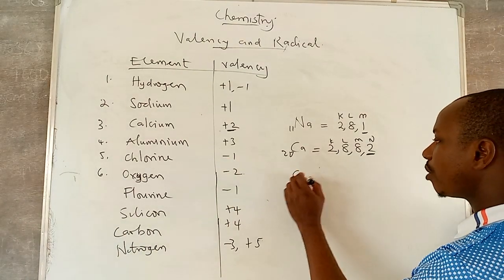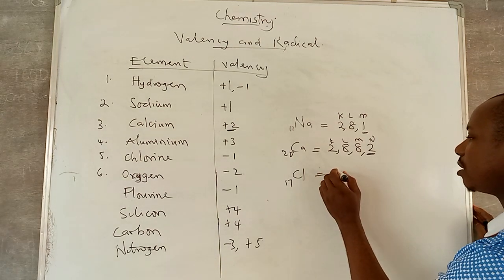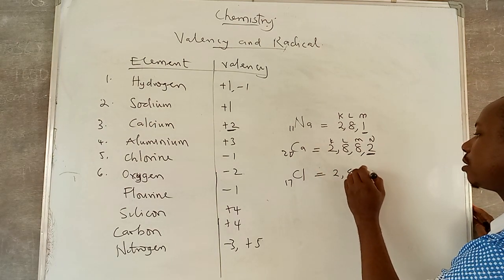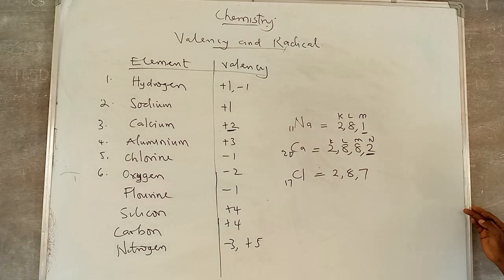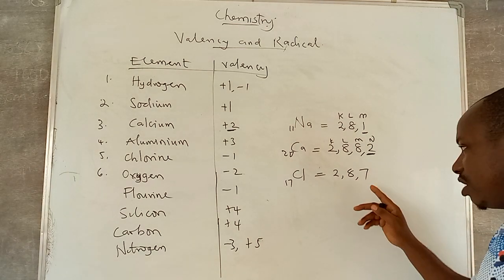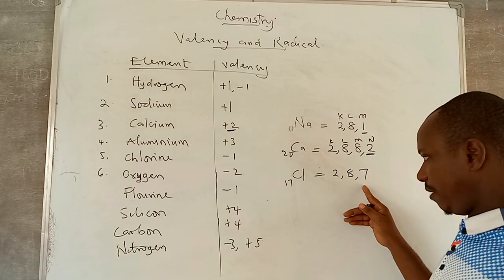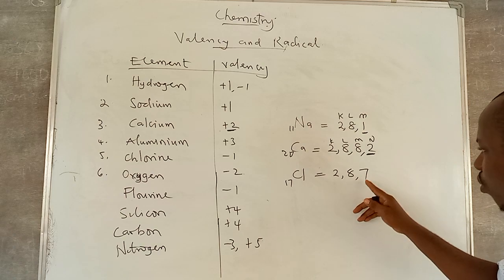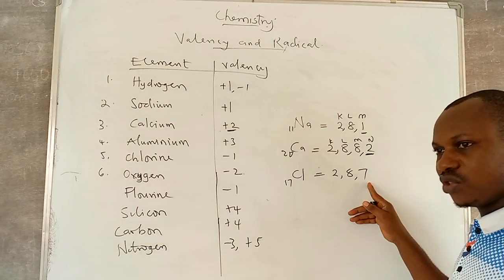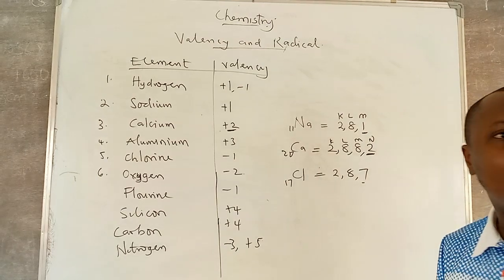Let me quickly go to chlorine. The atomic number of chlorine is 17. So the electronic configuration is 2, 8, 7. Somebody may tell me that, okay, the valency should be plus 7 because it will lose these 7. If you watch very carefully, instead of chlorine losing 7 electrons in the outermost shell, it will accept one to make it complete.